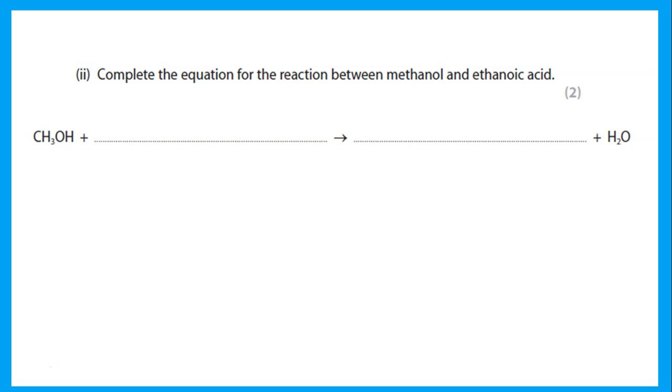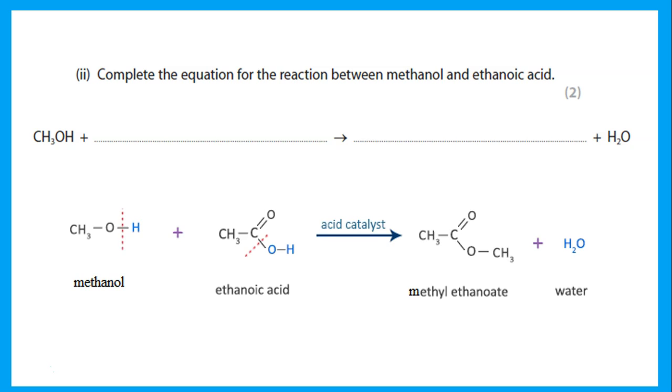Complete the equation for the reaction between methanol and ethanoic acid. Again, we have methanol. We're trying to react it with ethanoic acid, and you should realize that ethanoic acid, when we write it as a structural formula, is written CH3COOH.